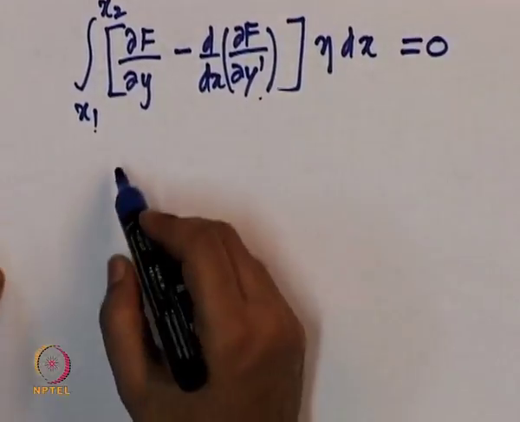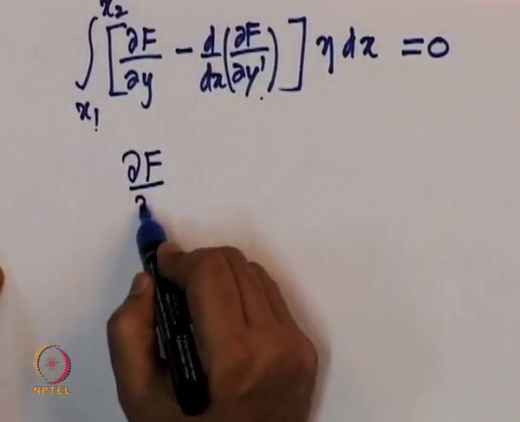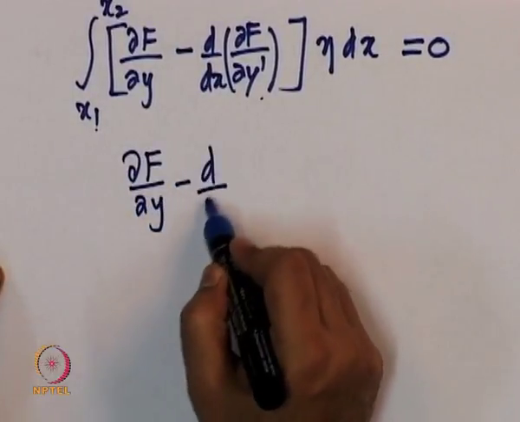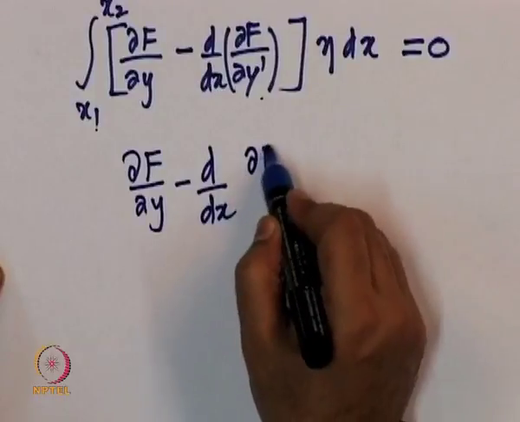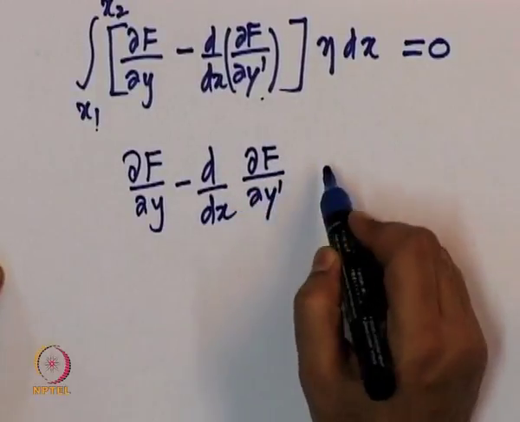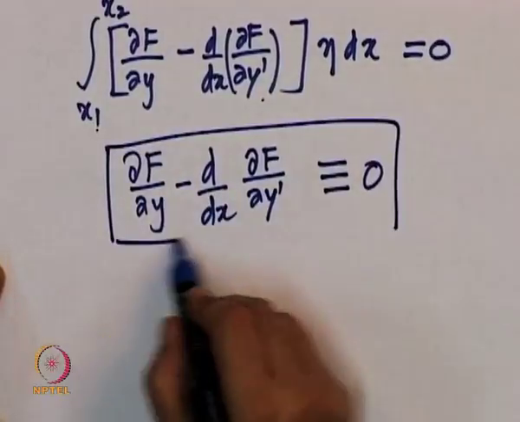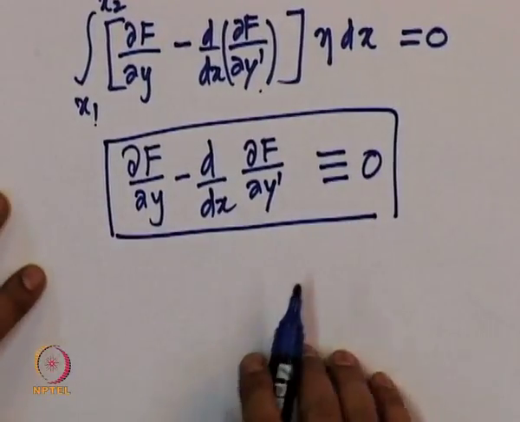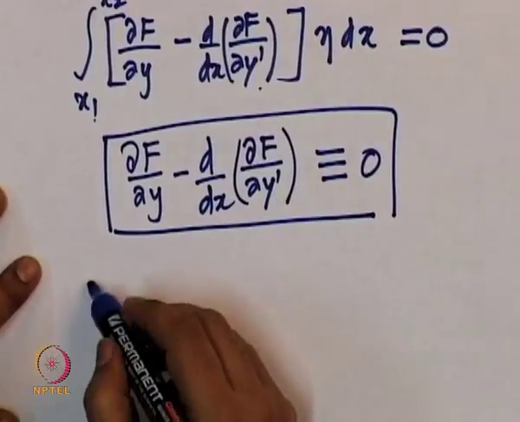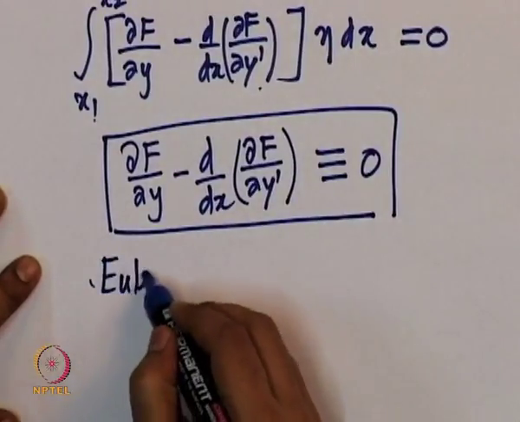It has to be necessarily equal to 0 over this entire domain. This is known as the Euler-Lagrange equation.